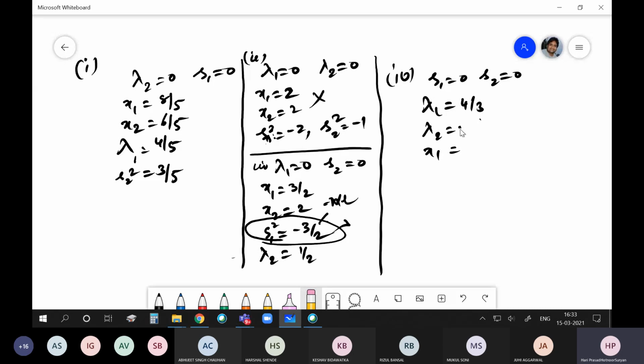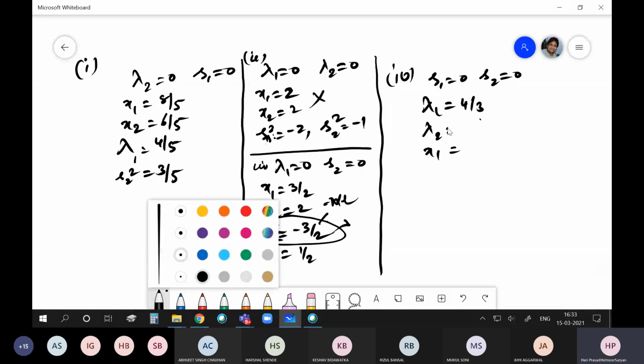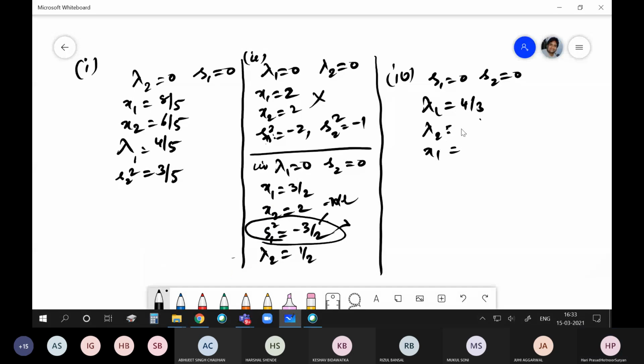What about x1 and x2? Can anybody tell me what the x1 and x2 values for this are? Yes, please solve and tell me.